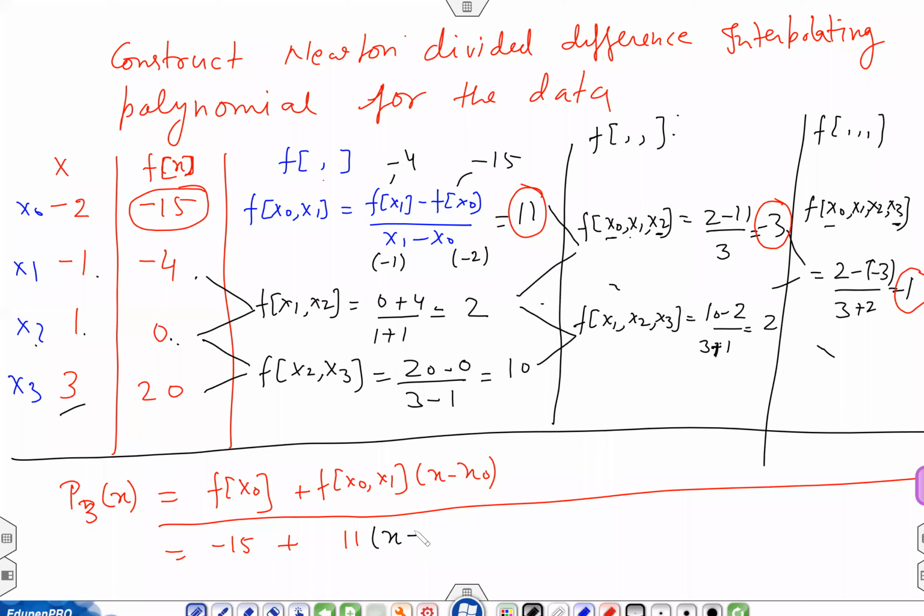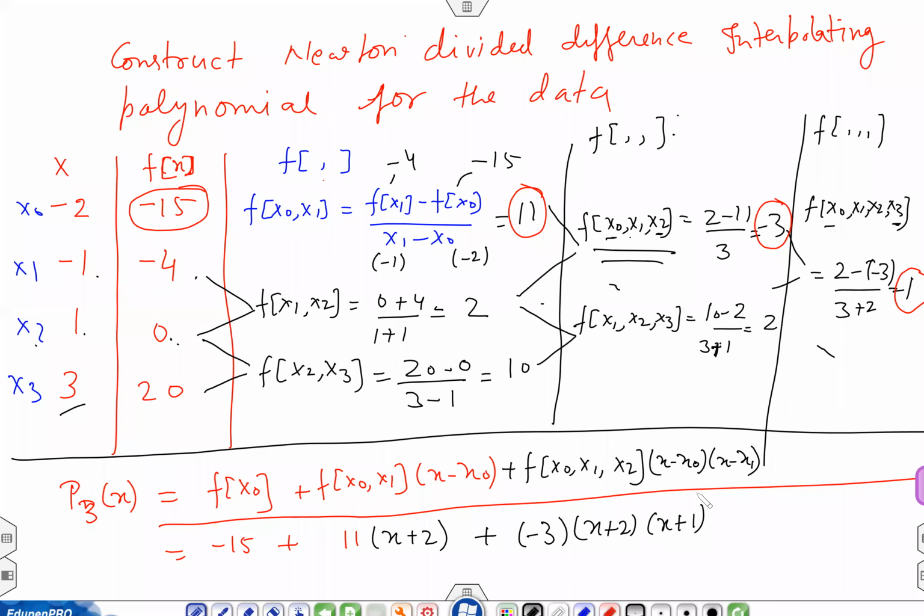So x minus x0 is x plus 2. Plus the formula is f of x0, x1, x2. This is the value that you are using here, -3, multiplied by x minus x0, x minus x1. So you are writing x plus 2, and x minus x1 is x plus 1.